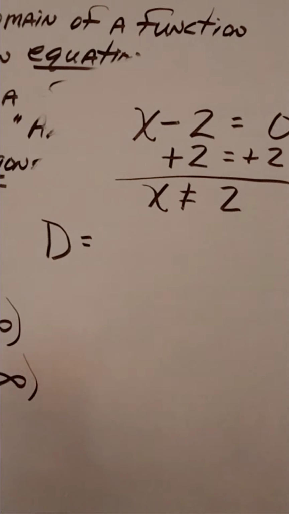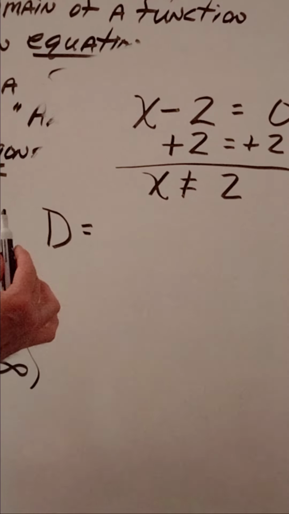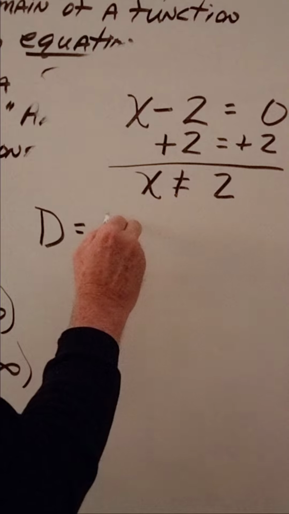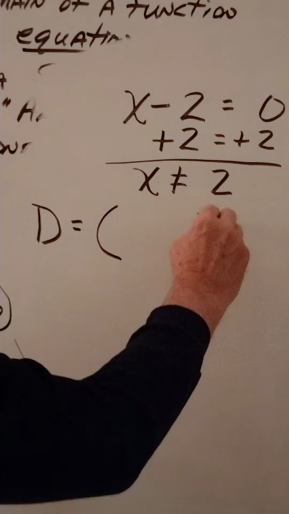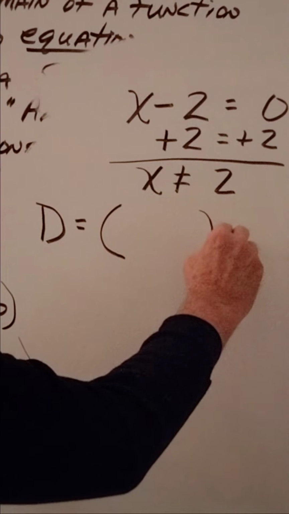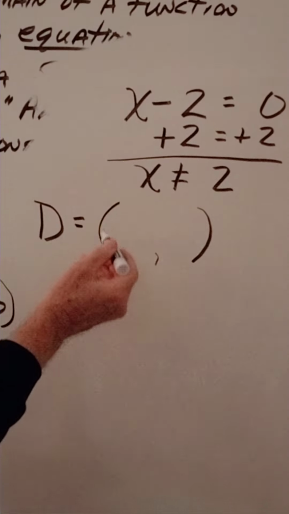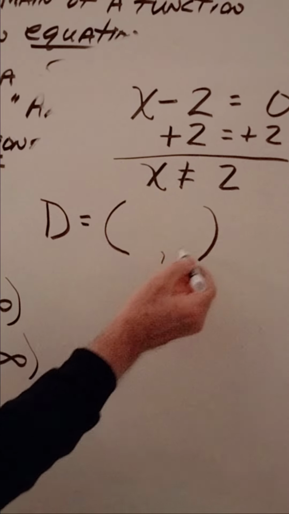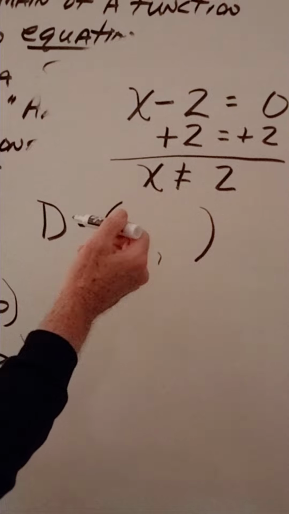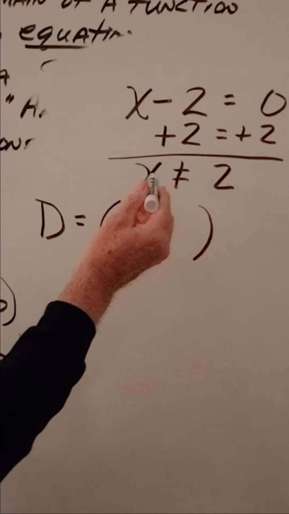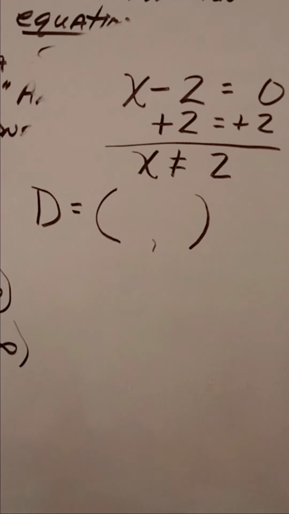And here's what it would look like in interval notation, or here is one way. Start with a parenthesis and end with a parenthesis. Put a comma. In this parenthesis unit right here, we're going to identify the part of the domain of where we can take any real number that is less than 2.